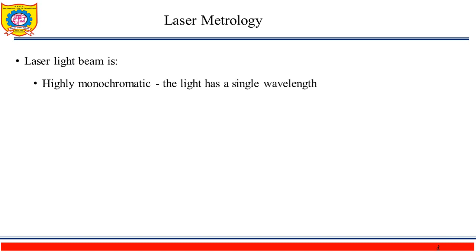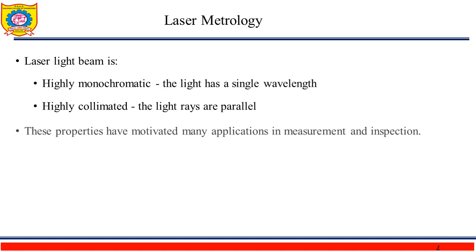So that is highly monochromatic light. So that is laser beam or laser light. It is highly collimated. The light rays are parallel to each other. So these properties have motivated many applications in measurement and inspection.